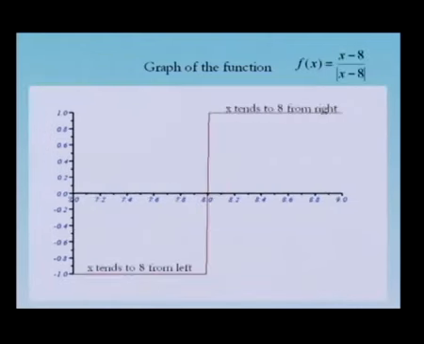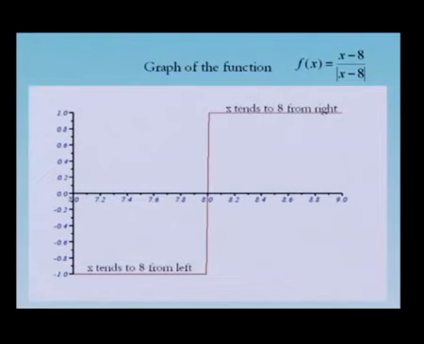Okay. Next, consider the function f(x) equals (x minus 8) upon mod (x minus 8). Here when x tends to 8 from left, the function is -1, and when x tends to 8 from right, the function value is 1.